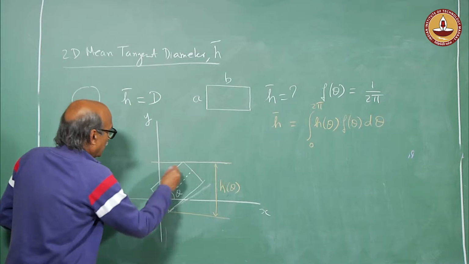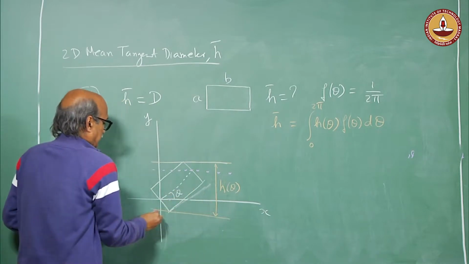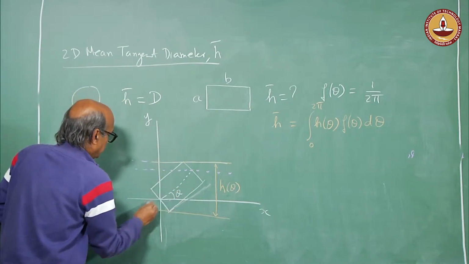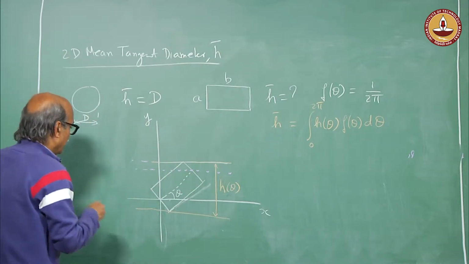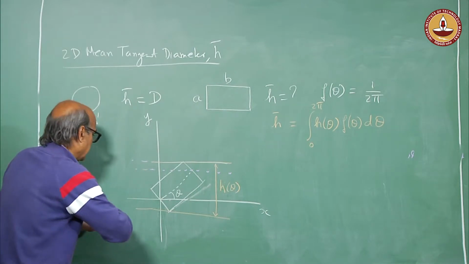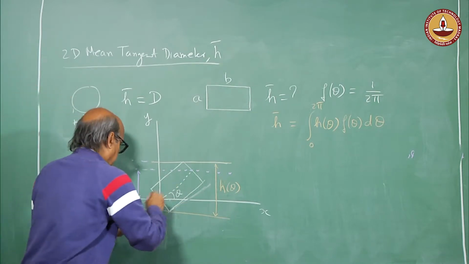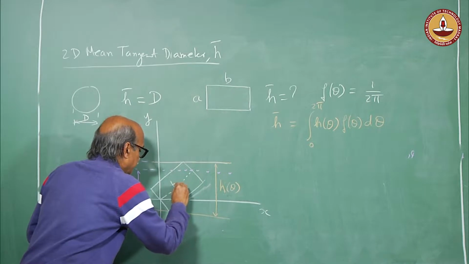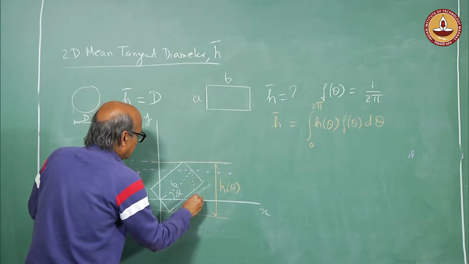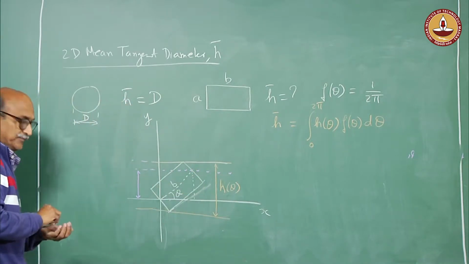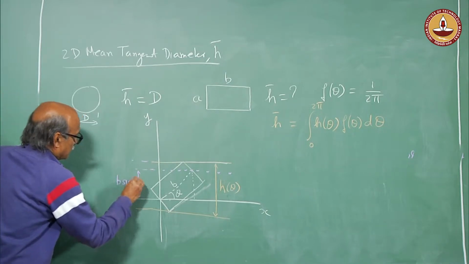Let me draw some more lines here, to get different distances to get at h theta. First of all, let us take this distance. How much is this? Well, this length is b. So, clearly this length would be nothing but, if I consider this triangle, b sin theta, right.